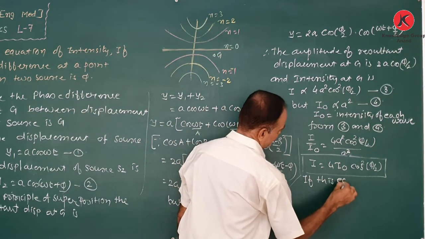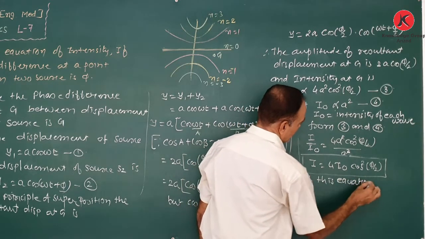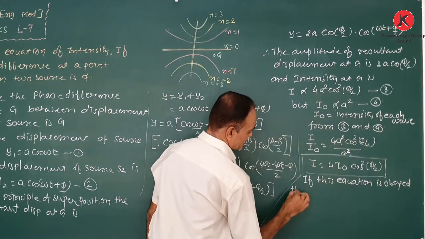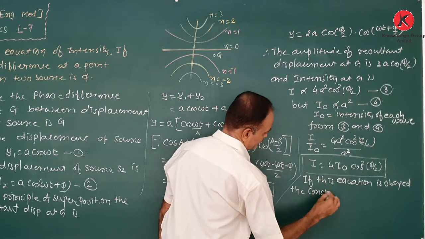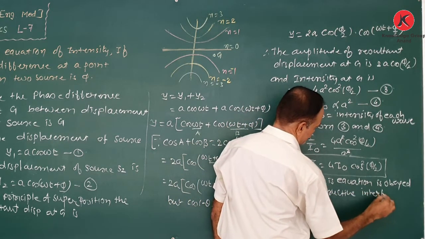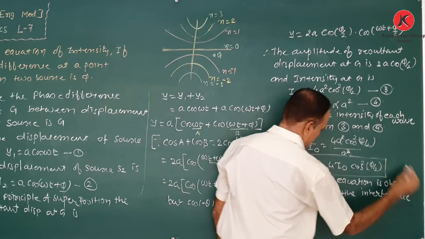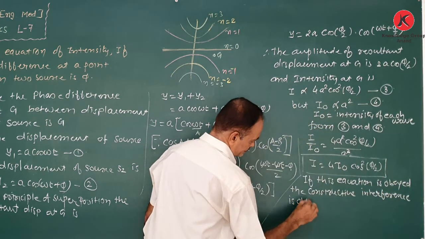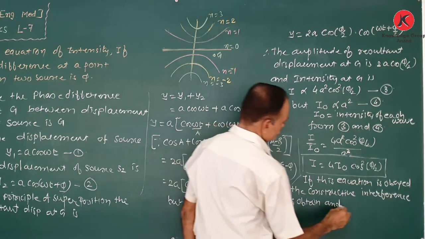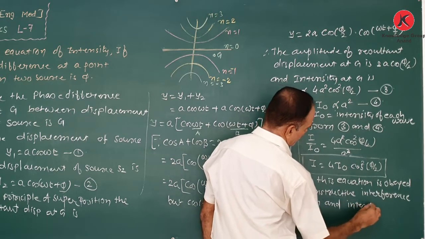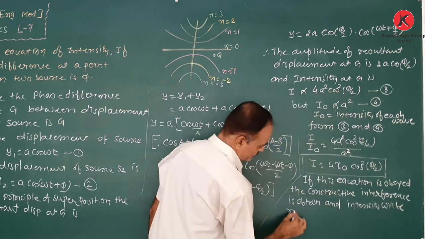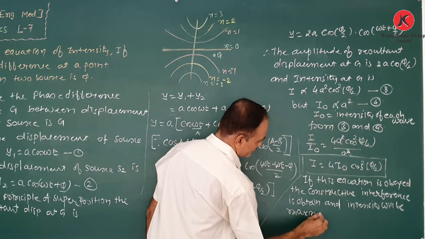The constructive interference is obtained and intensity will be maximum at that point.